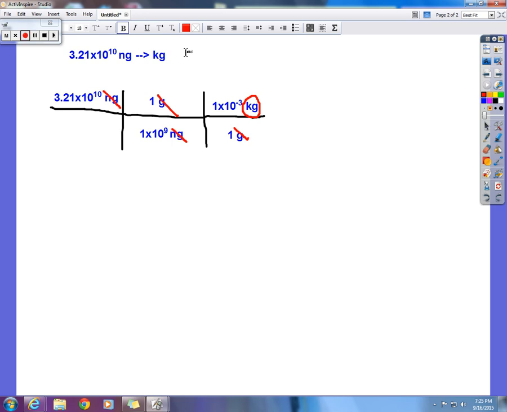So at this point, I'd really like you guys to be using one of the classroom calculators, so one of the calculators from the front. If you could go ahead and grab one of those, because I'm going to talk specifically about how to insert scientific notation in this calculator, because it can get kind of tricky. So what you're going to put into the calculator is parenthesis, and I'm doing this as we speak, 3.21, and then right about in the middle of the blue keys, you'll see a button that says times 10 to the n.